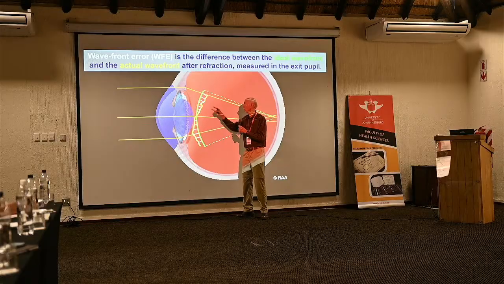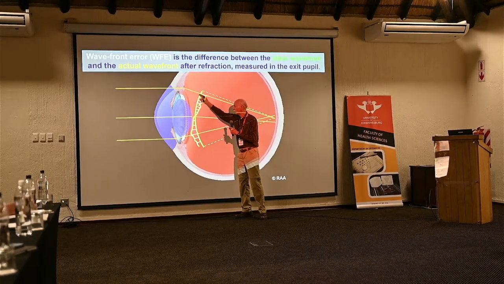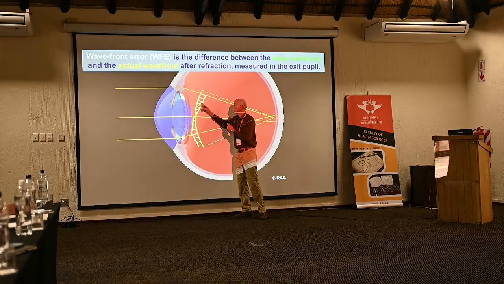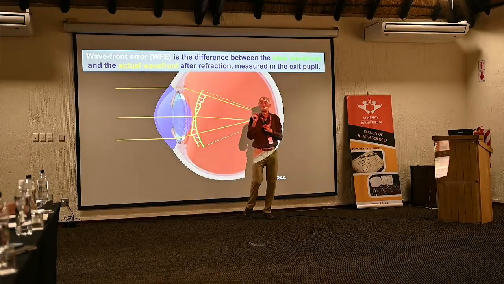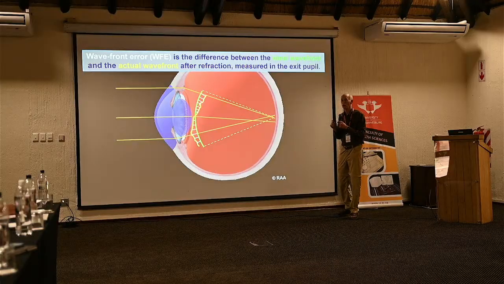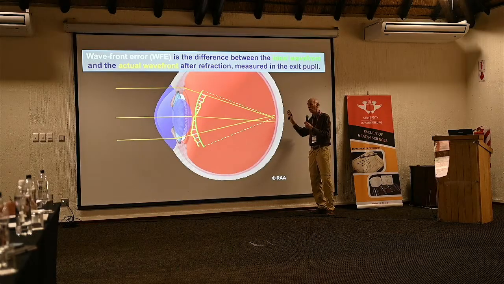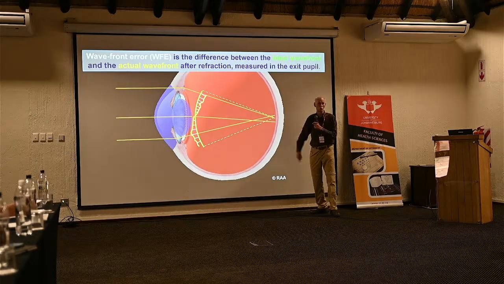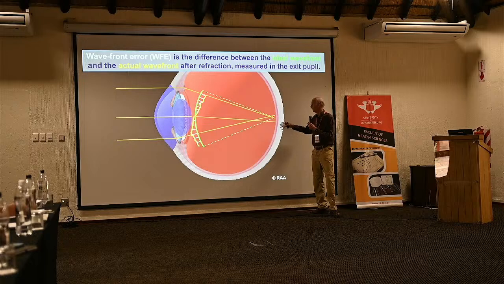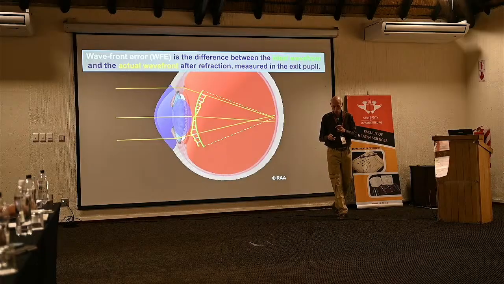It's not actually on the diagram here, but you have to imagine another curve that is the difference between those two. And it's the slope of that difference function, that wavefront error, that is equal to the angular distribution of these points in the image plane. That connects for us the retinal plane to the pupil plane. And some of the methods actually measure where these points are located.